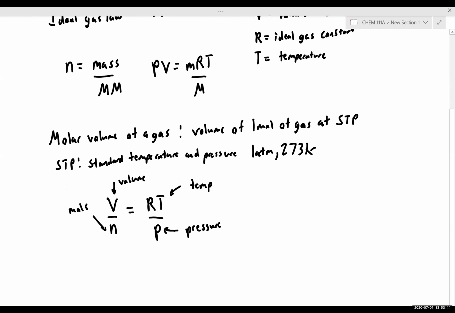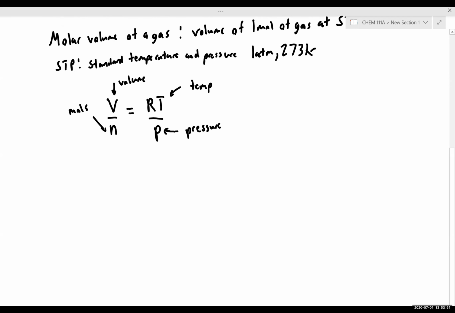Okay, so you may ask, how are we going to measure all of these things? Well, in this experiment, first and foremost, we are going to take a sample of either sodium hydrogen carbonate or sodium carbonate, and we are going to react it with acetic acid.